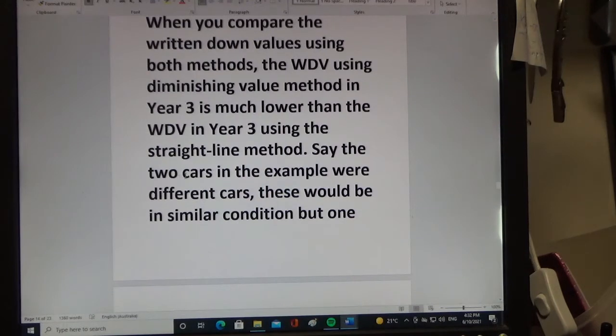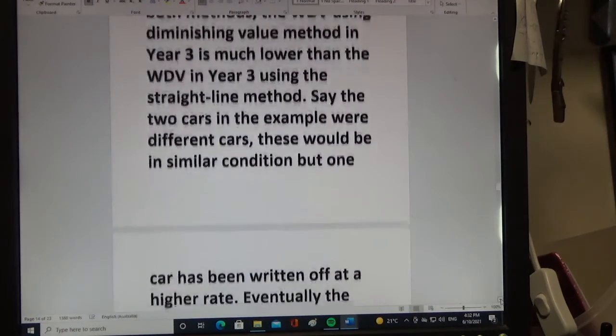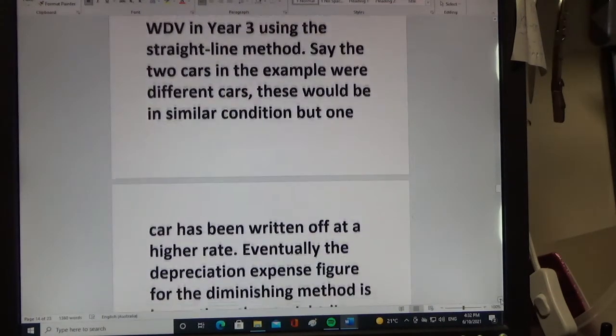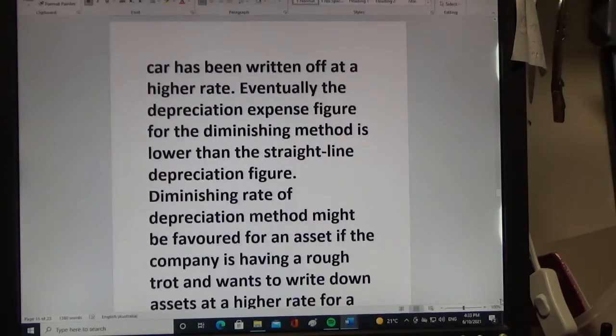That can have tax advantages if the company wants to focus on the early part of the asset's life. If they're only going to be operating in this country for a few years, they want to maximise their depreciation expense for tax benefits. But the straight line method has ease of calculation, simplicity and predictability.